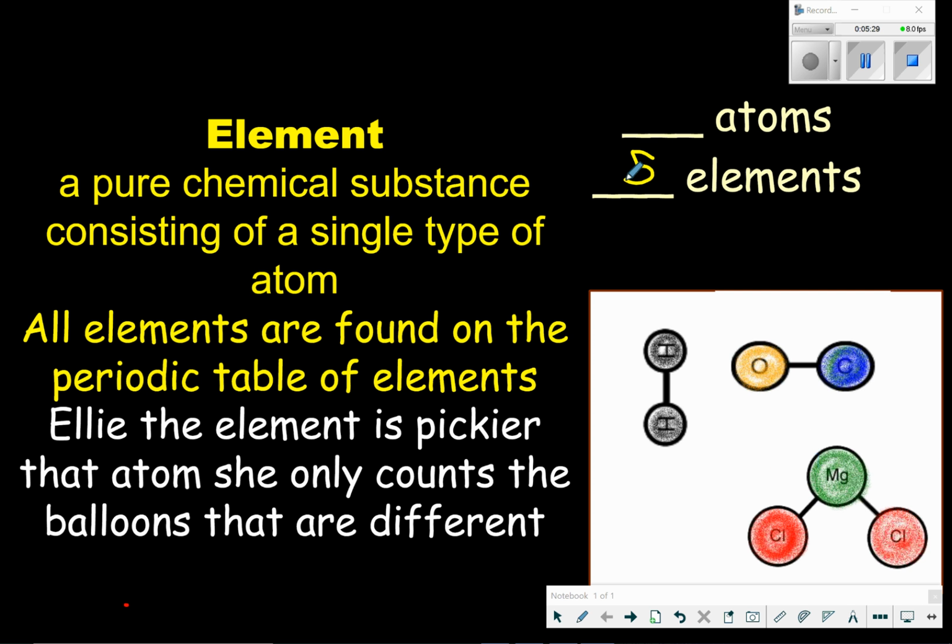But how many atoms do we have? If you remember, all we had to do was count the balloons. So we've got 1, 2, 3, 4, 5, 6, 7. So we have 7 atoms and 5 elements.